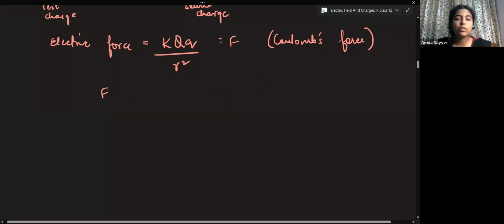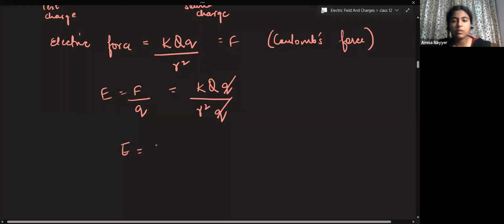Now the value of electric field is force divided by the test charge. So this simply means the electric force, K capital Q small q divided by R square, divided by small q, the test charge. So what will happen? The test charge value will get cancelled.